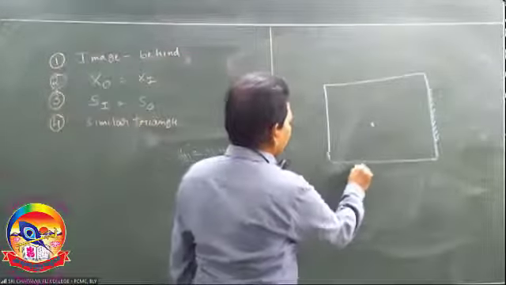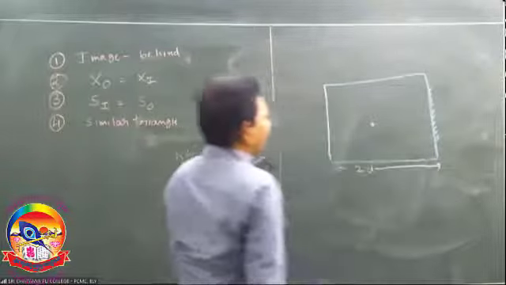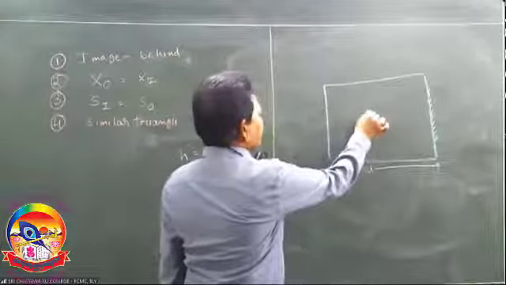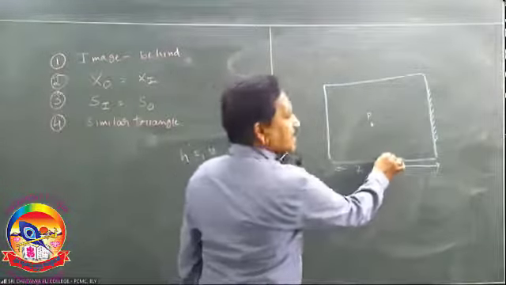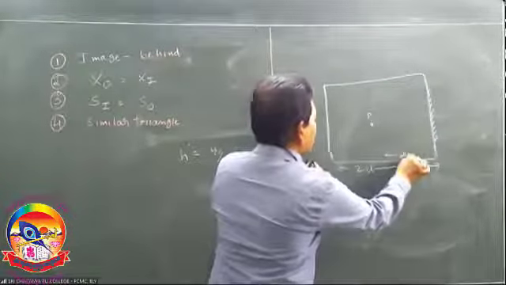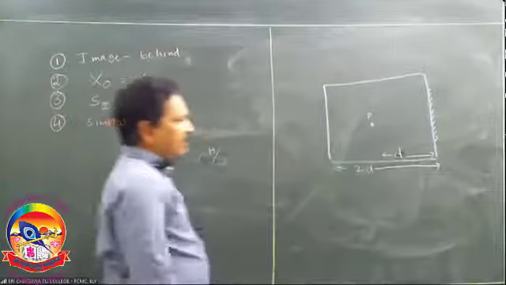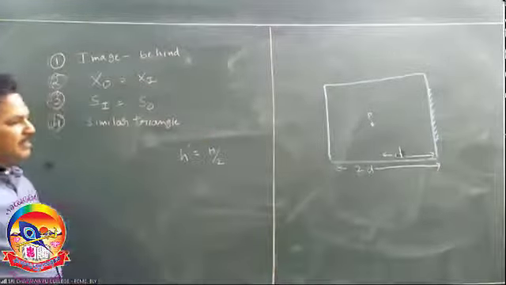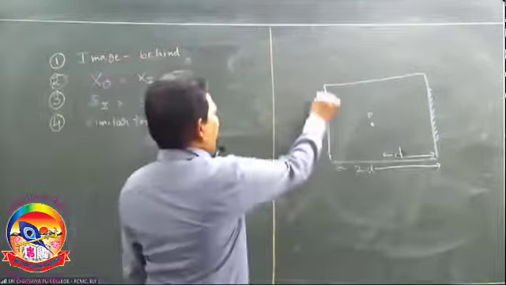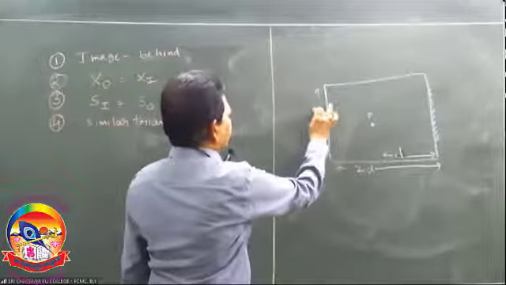Consider the size of the room to be 2D. This is the person. The person is present exactly at the middle of the room, so the distance between the mirror and the person becomes D. He wants to see the entire image of the wall inside the mirror.